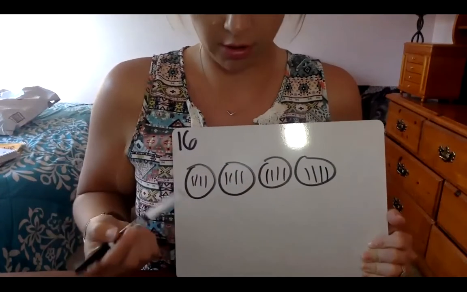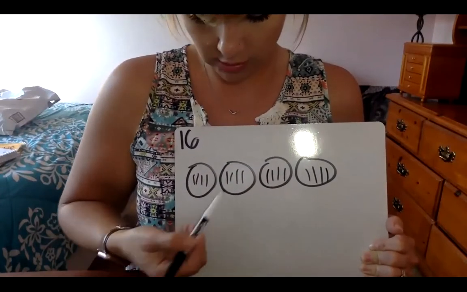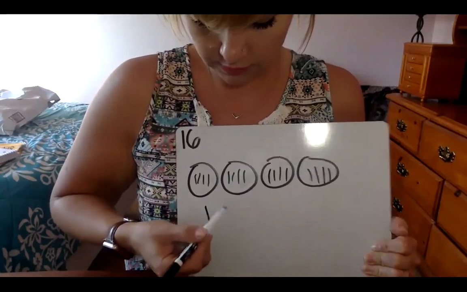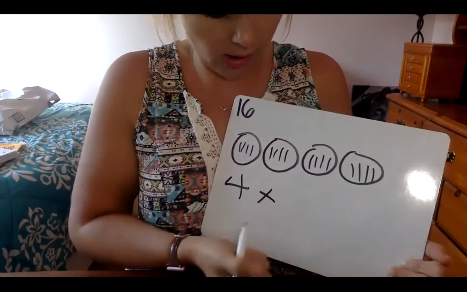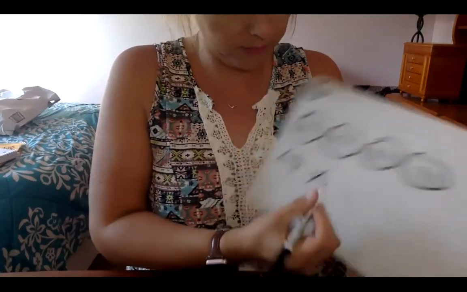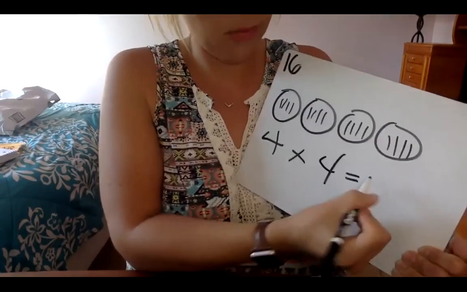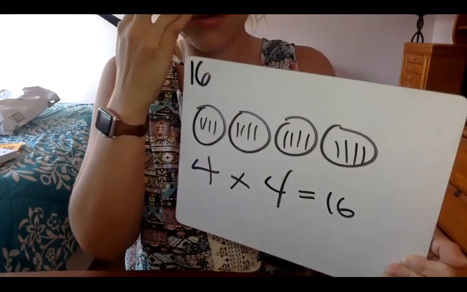Guess what? I got to my number. So I have 1, 2, 3, 4 groups. Well, let's turn this into a division sign.